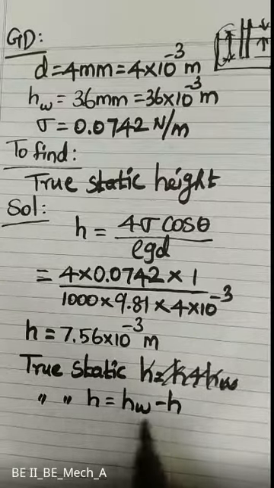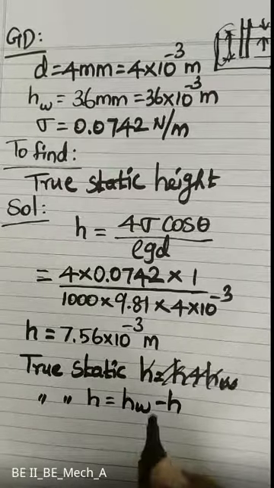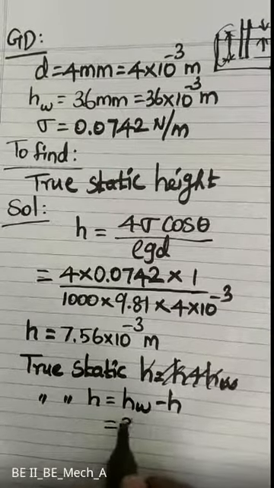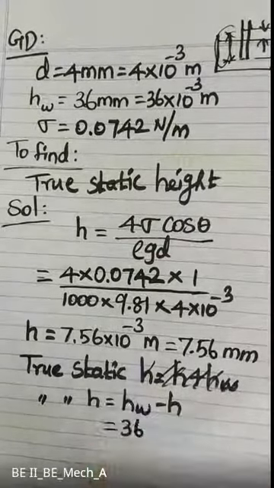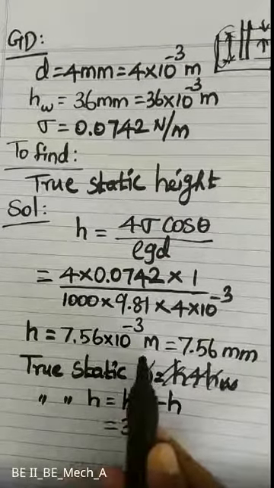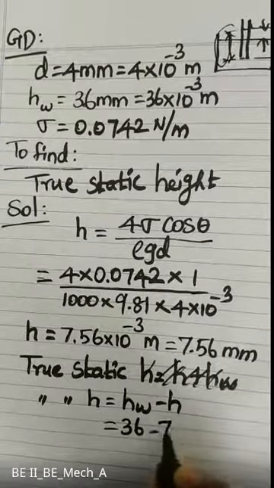So this one is the total height of water. Okay, so the value that is here is 36 mm. So now you can convert this value into mm. So it is 7.56 mm. So normally you don't have to use the 10 to the power minus 3. So you can convert meter into millimeter. So it is 7.56. So 36 minus 7.56.